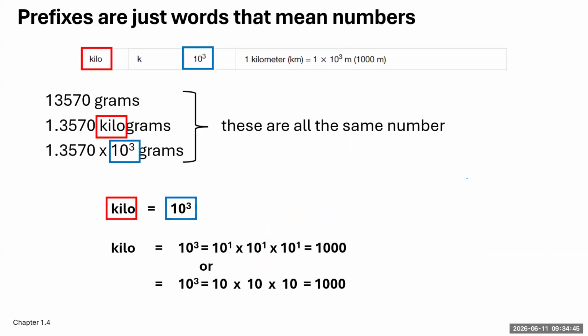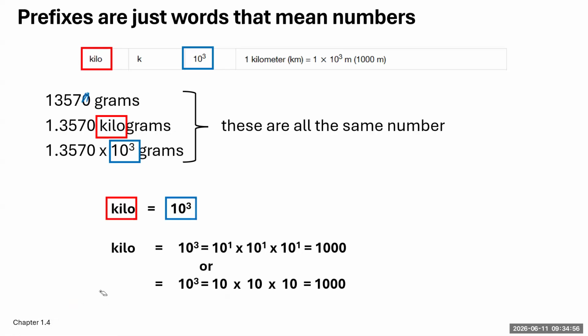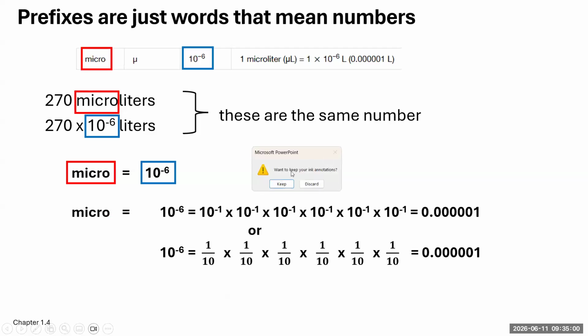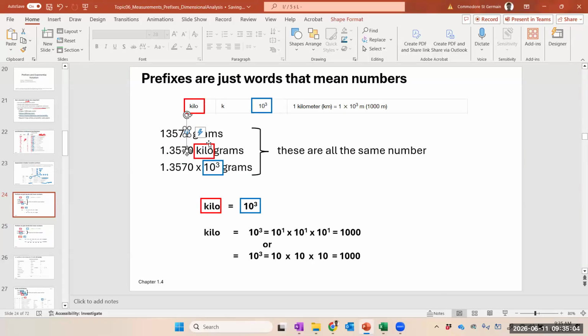Prefixes are just words that mean numbers. And let's go back to our original thing and let me see if I can fix this on the fly without messing up too much, or else I've got to start over. We don't want that.